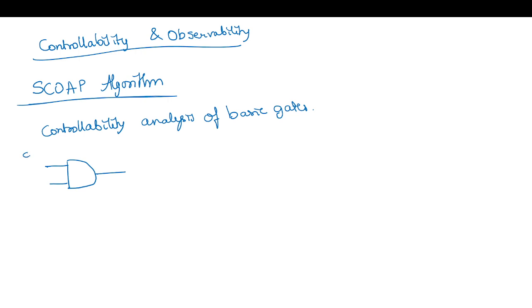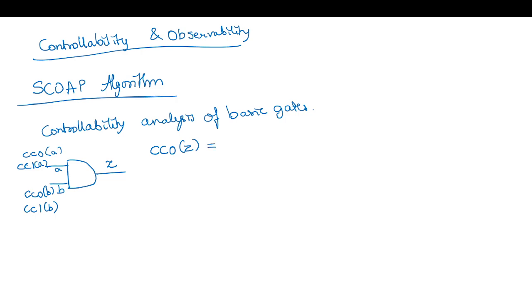This is A, this is B. We have combinational controllability to 0 for the A node, combinational controllability to 1 for the A node, and the same for B. Now, what is the combinational controllability to a value 0 for the output?